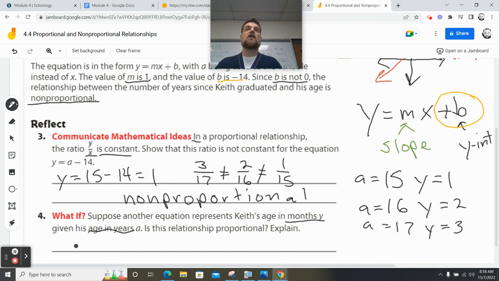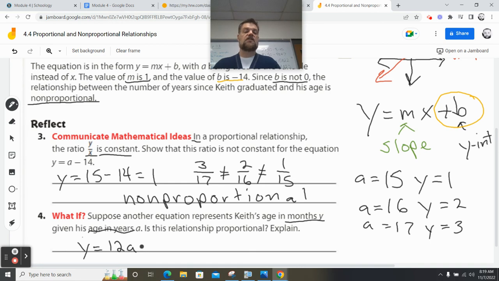What if I said y divided by 12 equals a, right? Well, I've got to think. See, this is the tough part. Wait, no, I read it backwards. It would be y equals 12 times a. Okay, because it could go either way. So this would be 12 times a.